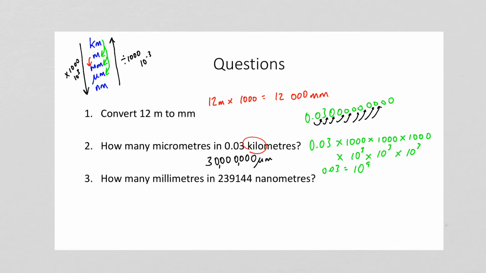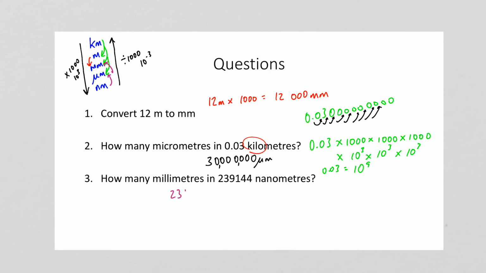Last one, how many millimeters are there in 239,144 nanometers? We are going up the ladder. So we're going 1 step, 2 steps. So we're going to divide by 1,000 each time.